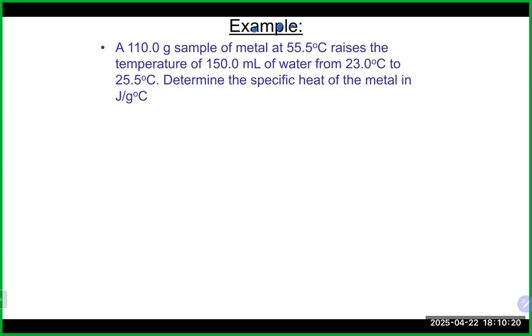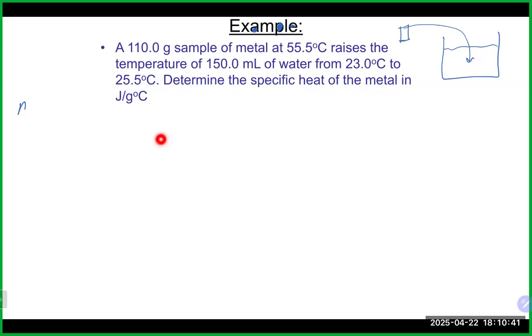So in this case, we have the same situation that we were just discussing. We have some water and a piece of metal, and we're going to dump the metal into this water. So we have two categories of information.